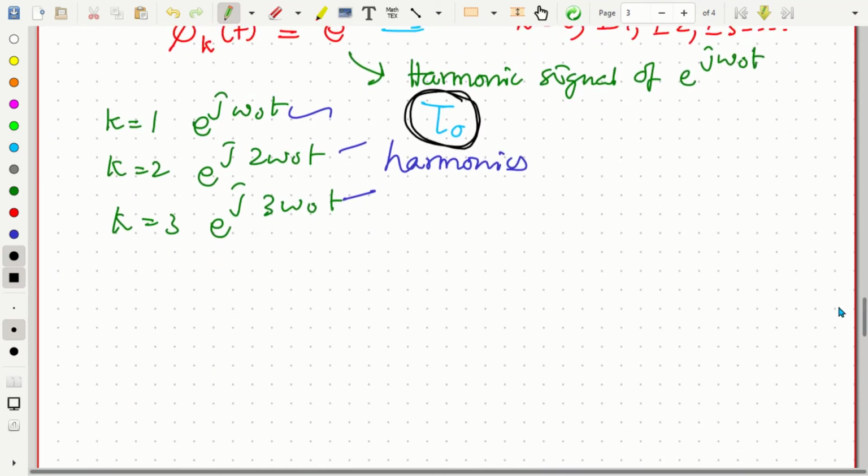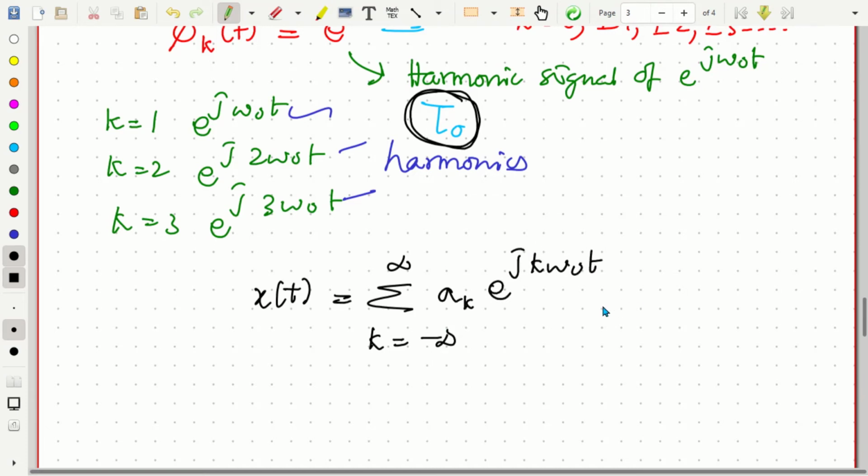Now assume that any signal x of t can be expressed as a linear combination, summation k equal to minus infinity to plus infinity of ak into e power j k omega 0 t, a linear combination of complex exponentials.